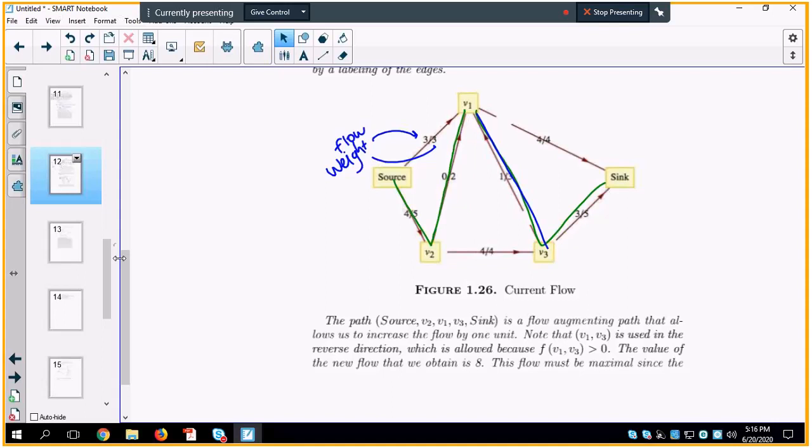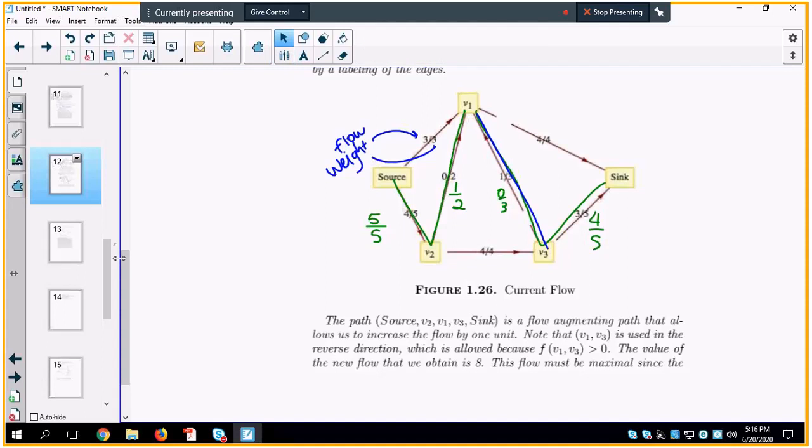So instead of the values that we see here, we're going to have 5 out of 5, because we added 1, 1 out of 2, then this is 0 out of 3. We subtracted that 1. And then this is going to be 4 out of 5.